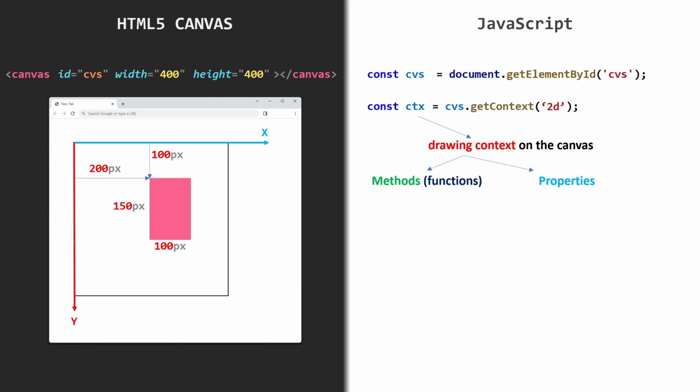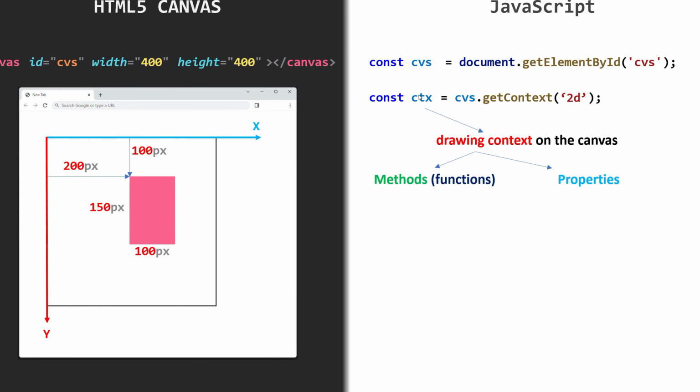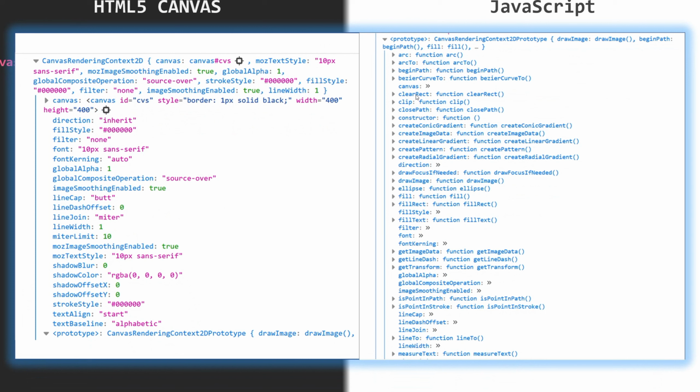Now this context constant is an object. If we take a look at that object, if we console log it, we're going to find a bunch of properties and methods. For example, one of the properties we're going to be using is the fillStyle property, and that's simply a color. This is black by default. So this is the color with which you want to fill your shapes.